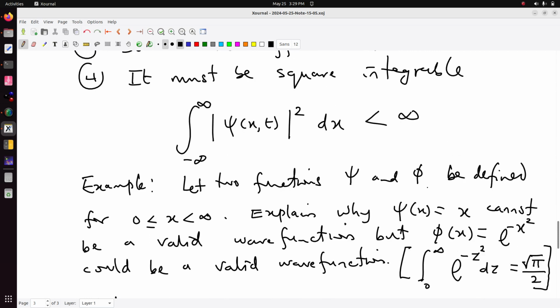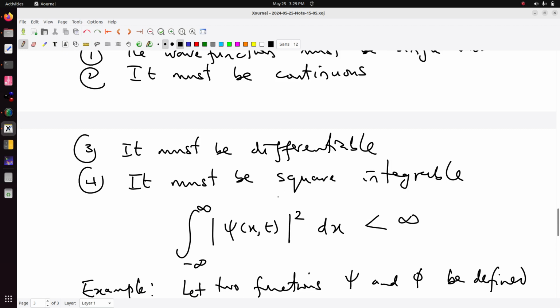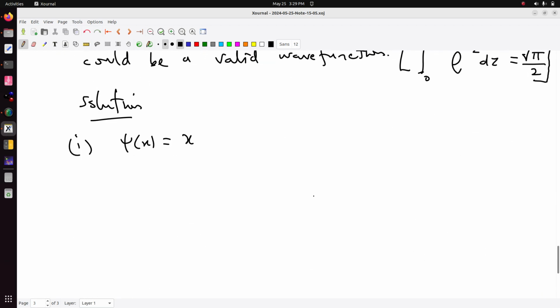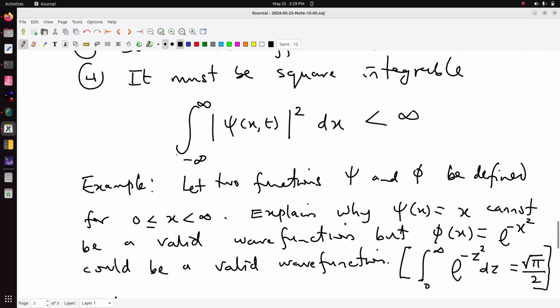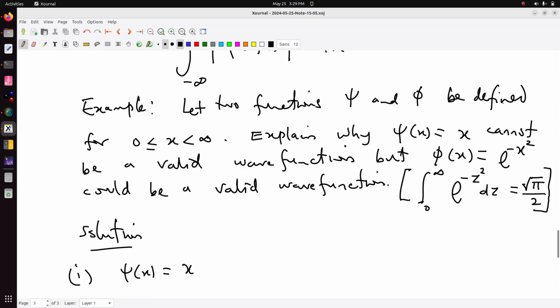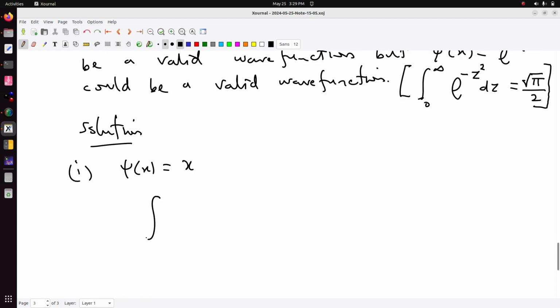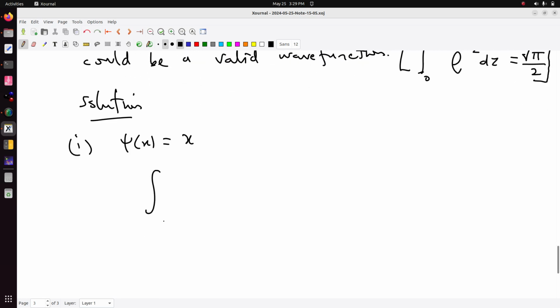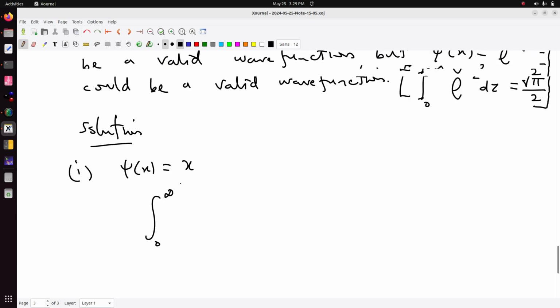Then the last condition to check is: is this square integrable? To check that, we check this integral, equation 2. The range of values of x is from 0 to infinity, then modulo psi squared dx.